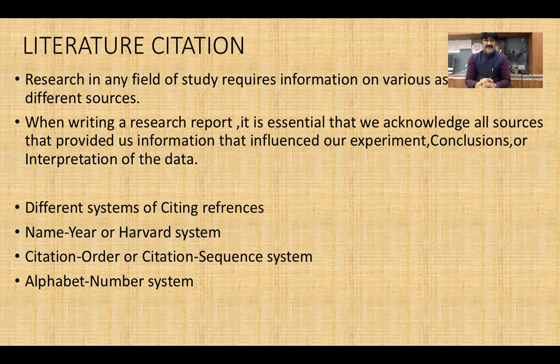There are different systems of citing references. First, the name and year, or Harvard system. Then citations in order, or the citation sequence system, and also the alphabet number system.